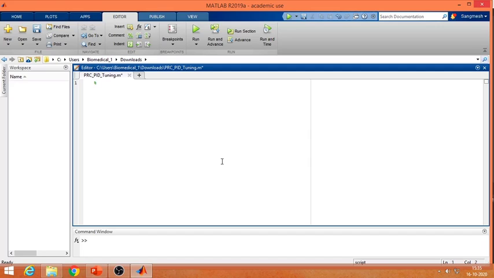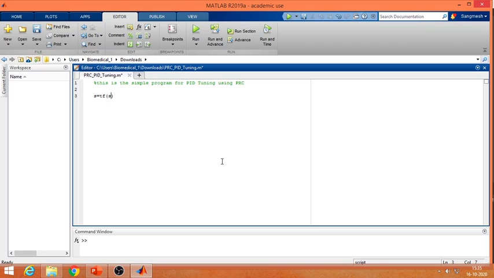Okay, so let me give the title here. This is a simple program for PID tuning. Which method are we looking at? Using the process reaction curve.